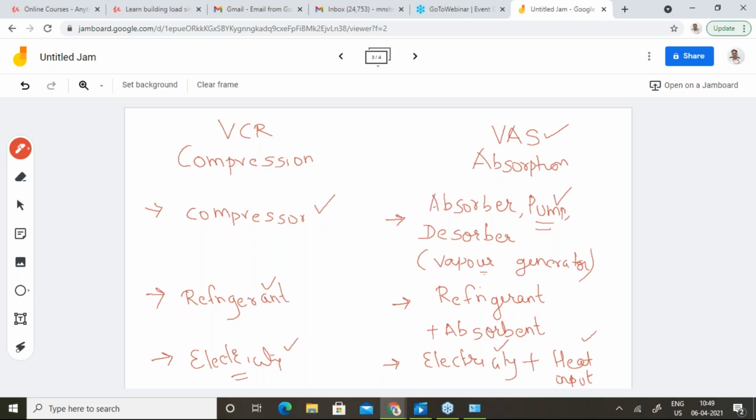Now what is the advantage then of using this system? To understand the advantage, we need to revise the thermodynamic concepts which we have learned. How do you figure out the electricity required for the compressor?